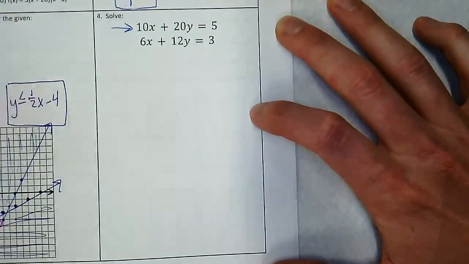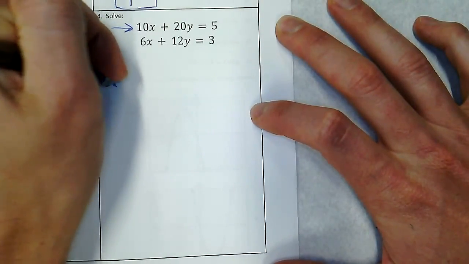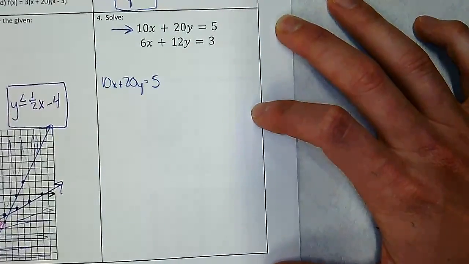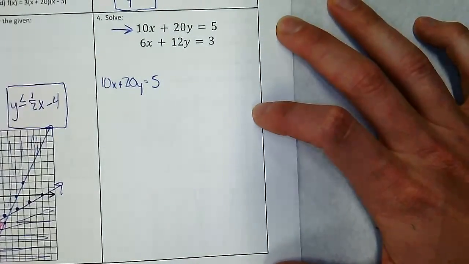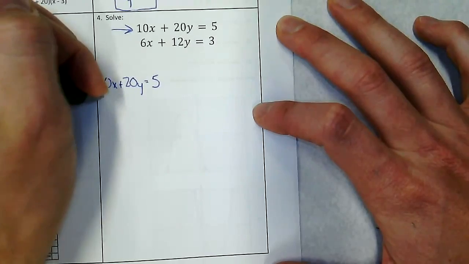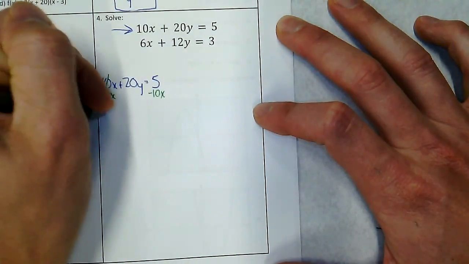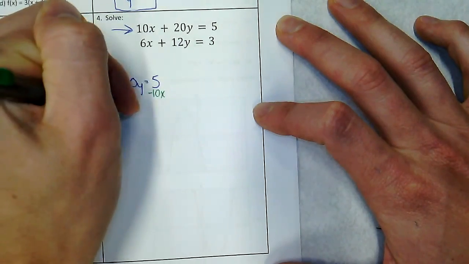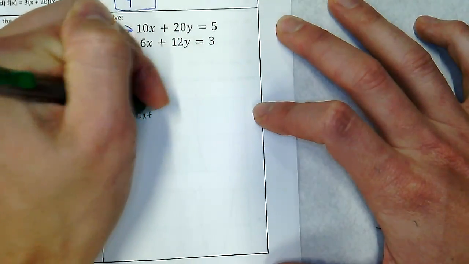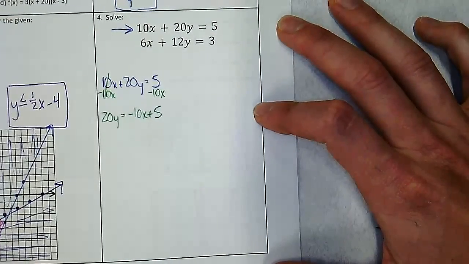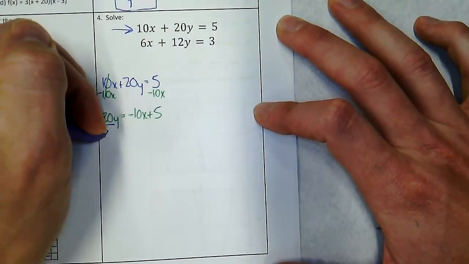Top equation. 10x plus 20y equals 5. Solve for y. Subtract 10x from both sides. 20y equals negative 10x plus 5. And then we're going to divide both sides by 20.